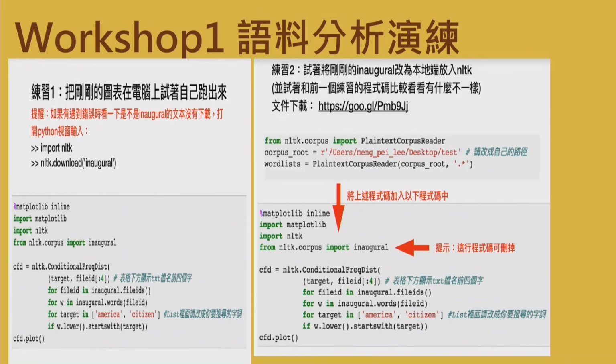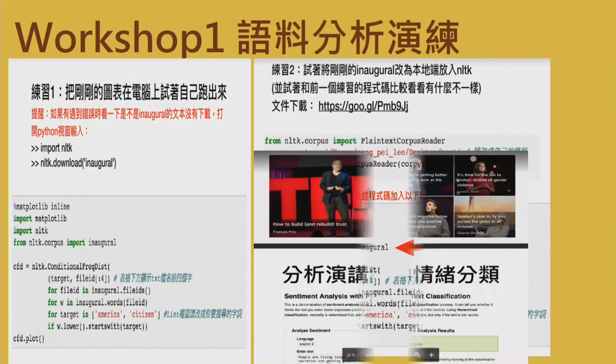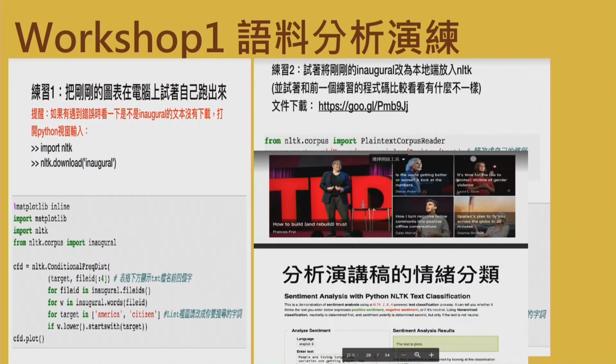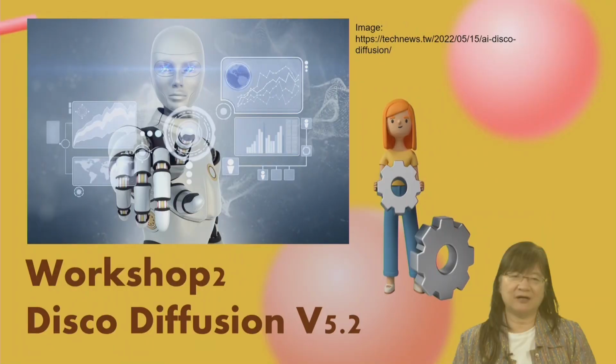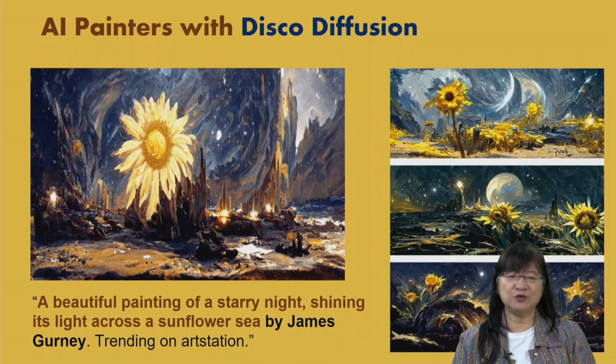Okay, so in this program, we will have two workshops. One is for you to practice what I just introduced to you, for example, from TED. And the second workshop is about discourse diffusion. So what does that mean? You see these pictures.